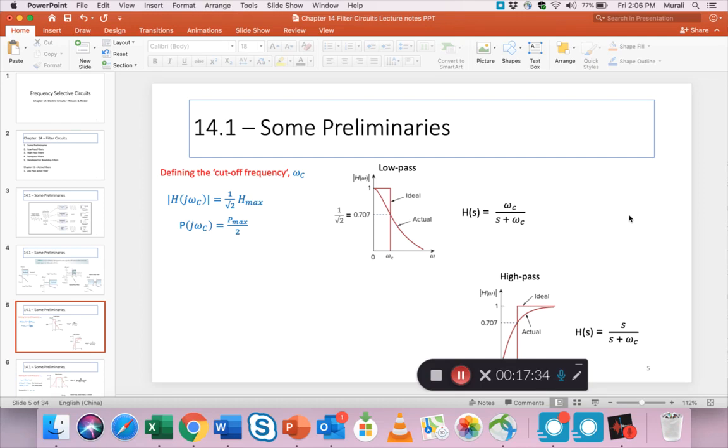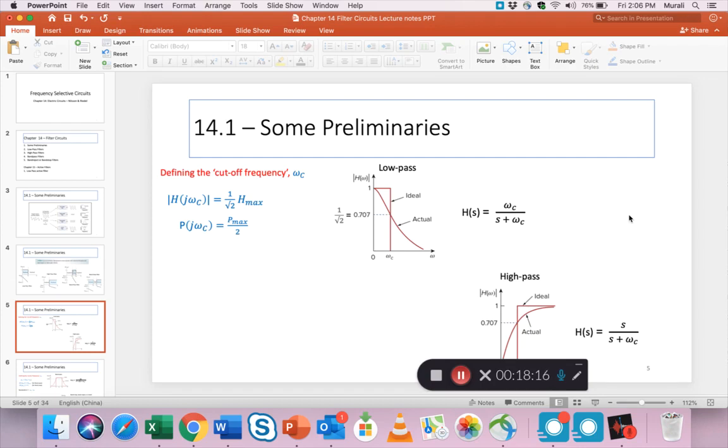Its property is that the magnitude of the transfer function at that frequency is exactly 1 by root 2 of the maximum. So if the maximum is 1, then 1 by root 2 gives you 0.7. So 70% of the maximum is what the magnitude of the transfer function of the filter circuit between the input and the output drops to at the corner frequency.